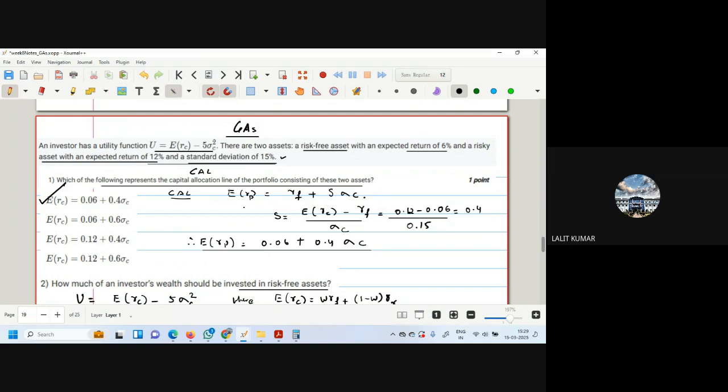We remember we had derived this CAL equation, ERP is equal to RF plus S into sigma C. So first of all we find S, the Sharpe ratio. Sharpe ratio is expected RC minus RF by sigma C. We put it here, we find it is 0.4. Therefore your ERP is 0.06 plus 0.4 into sigma C. And this is your CAL equation. Is this okay?